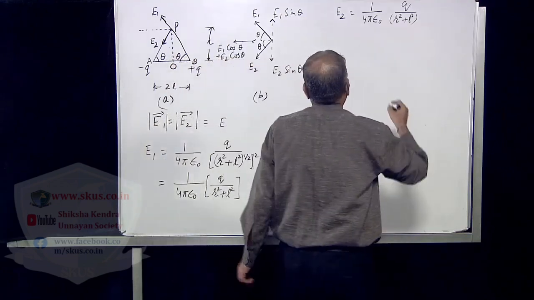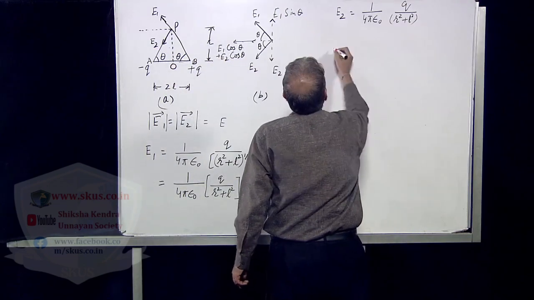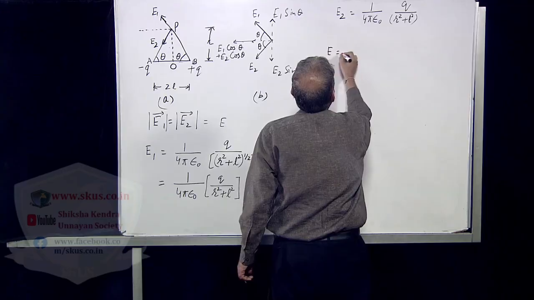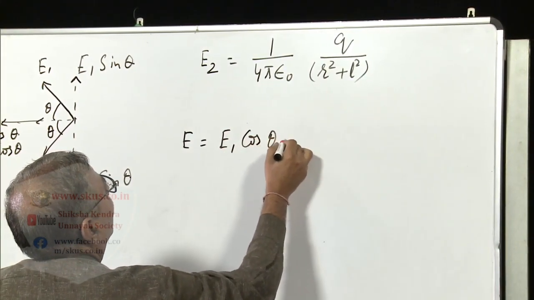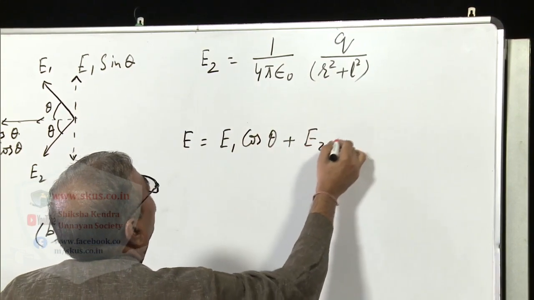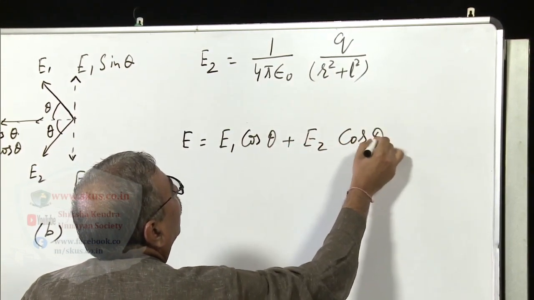Now, the net electric field E will be equal to E1 cos theta plus E2 cos theta.